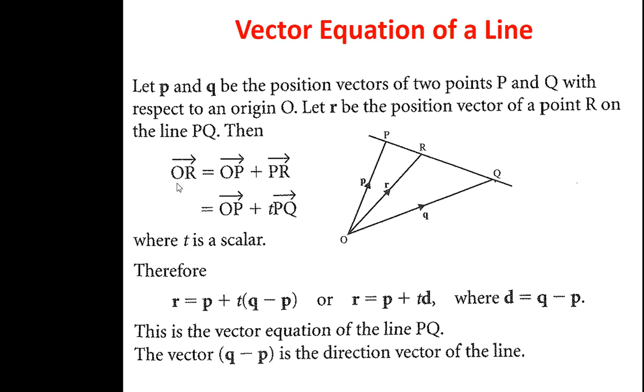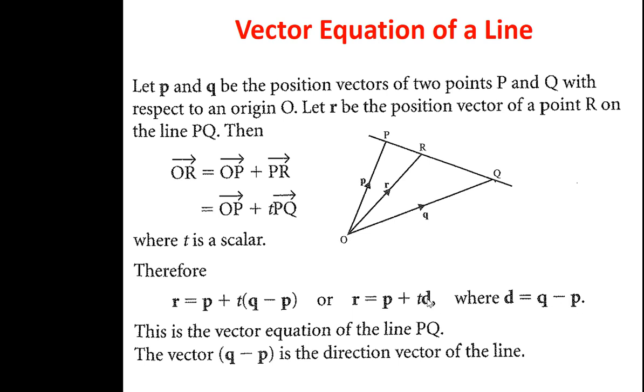OR is R. So they replaced OR with R, they replaced OP with P, T is still here, and PQ is the same thing as Q minus P. And alternatively, if you expanded this in, you get R equals P plus TQ minus TP. Or R equals P plus TD, where D equals Q minus P.